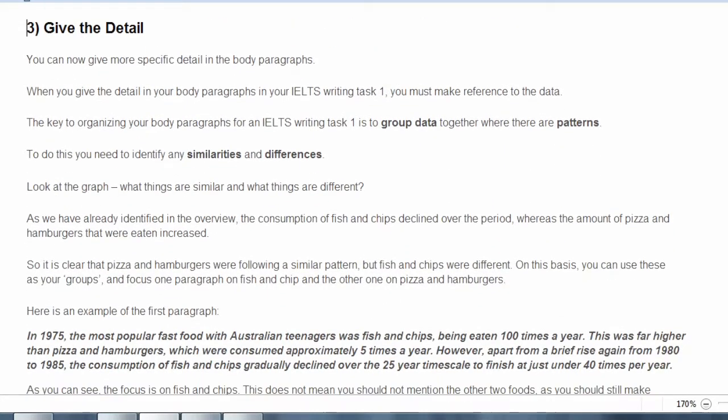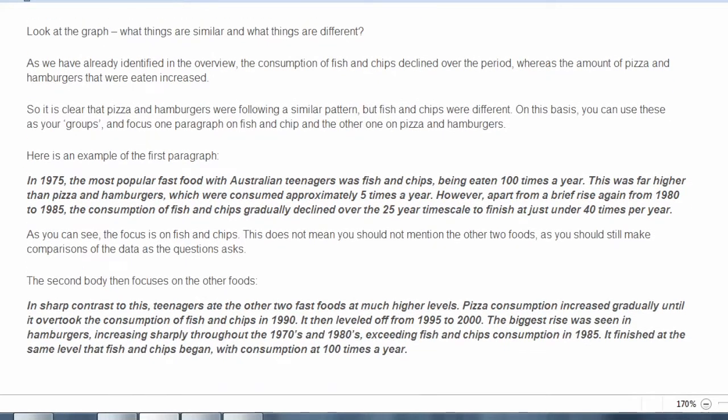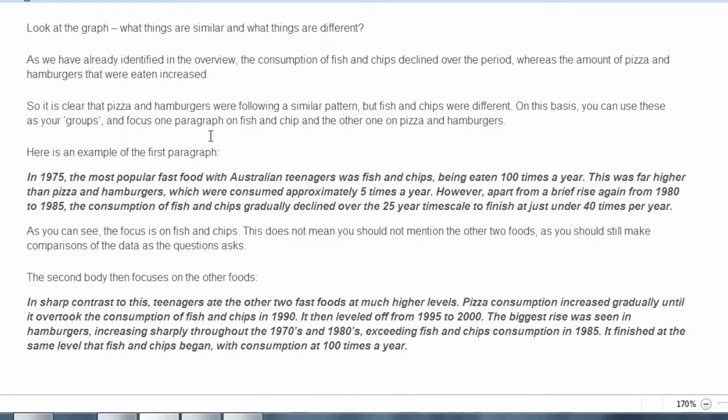The first trend we can see is that there is a big difference between the consumption of fish and chips and the consumption of the other 2 food items, which are hamburgers and pizza.